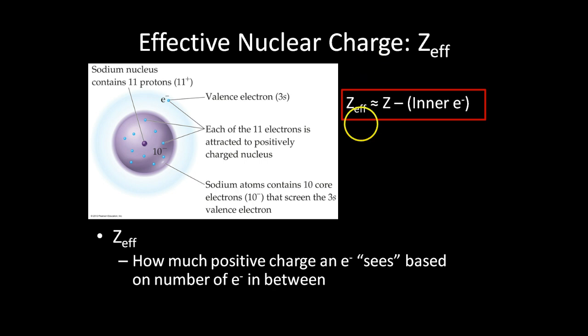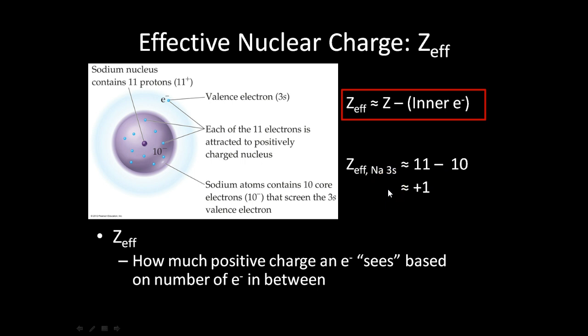So all the protons at the nucleus minus the inner electrons, or the electrons that aren't in the outermost shell. If we think about this for sodium, it's got a total of 11 protons at the nucleus, and we're saying that it has 10 inner electrons. And so the Z effective for sodium is +1.